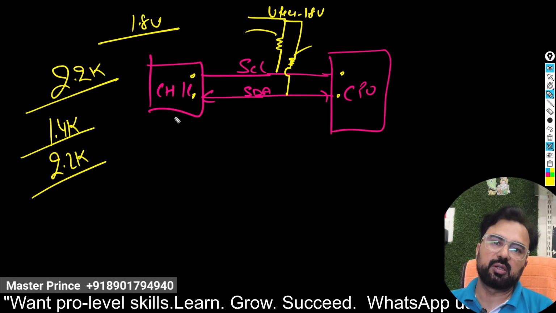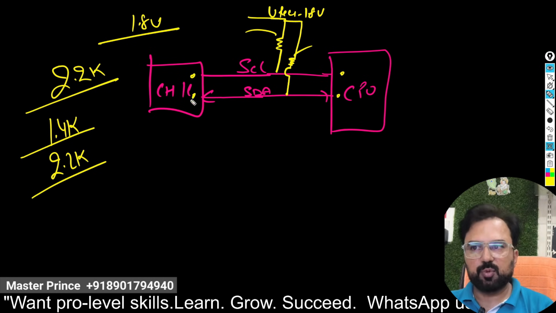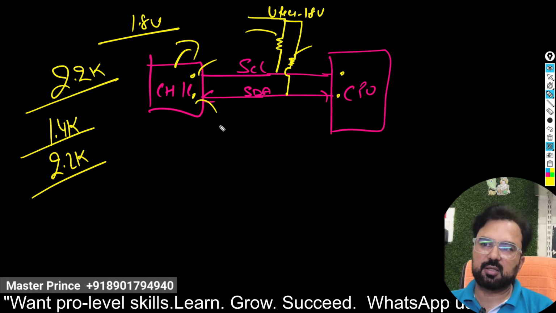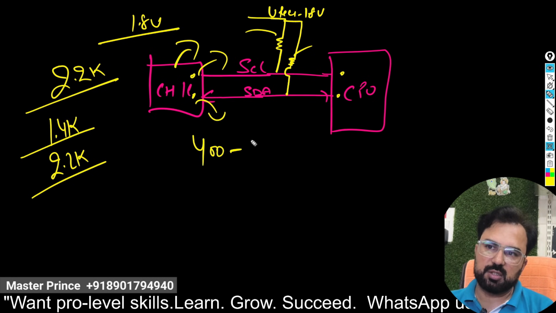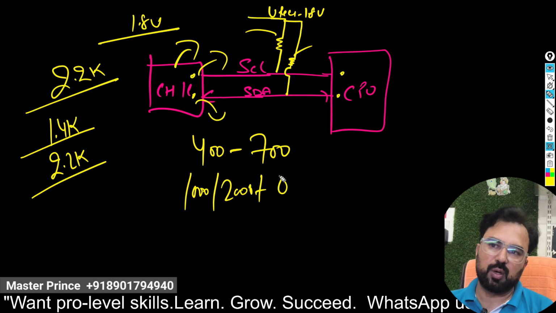Now for the next step, you just remove this IC, this charging IC. Similar to an interrupt, you have to test both lines. Normally in an okay condition you will get a 400 to 700 diode value, but let's say you get 1000 or 2000 plus value, or OL.